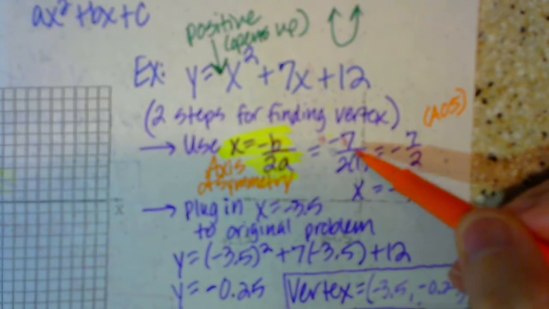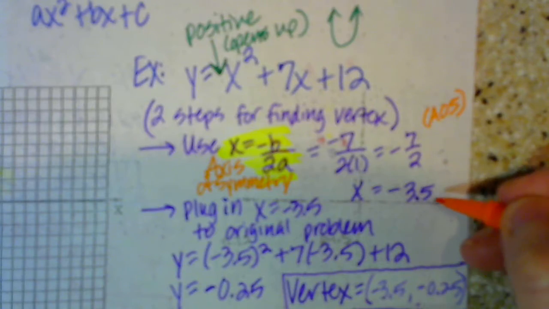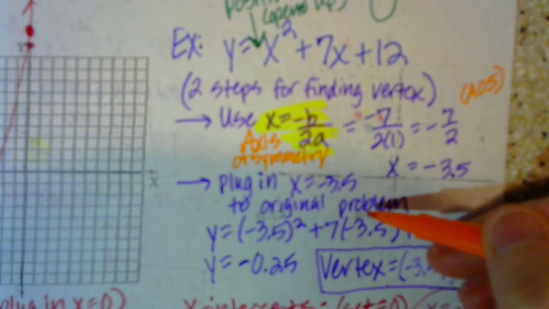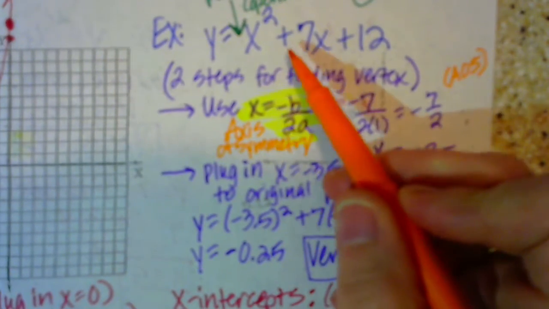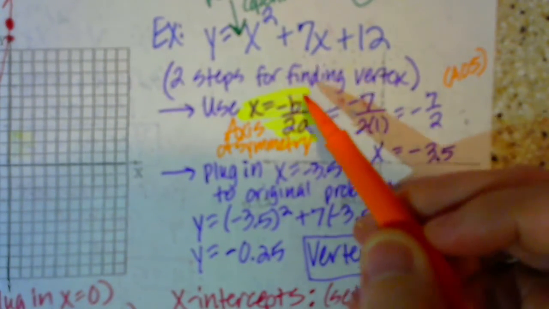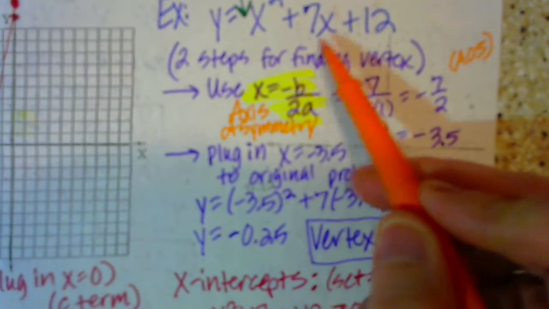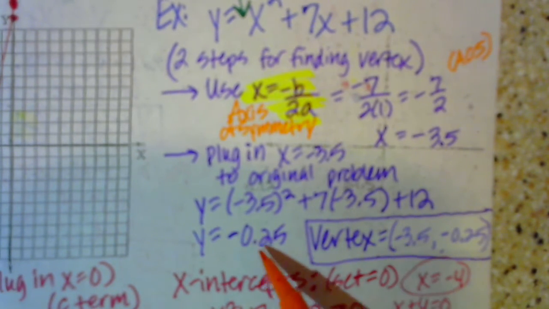So negative 7 over 2, that gives me negative 3.5. I'm changing it to a decimal because the second step for finding your vertex is to plug in the axis of symmetry to the original equation. So now I have to plug in negative 3.5 in for each x and use order of operations and get my y.